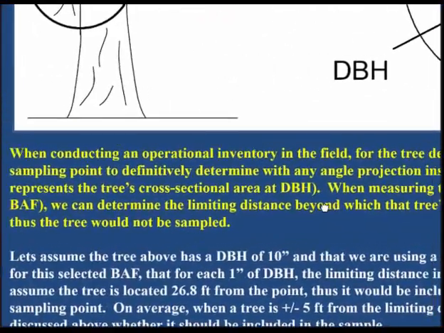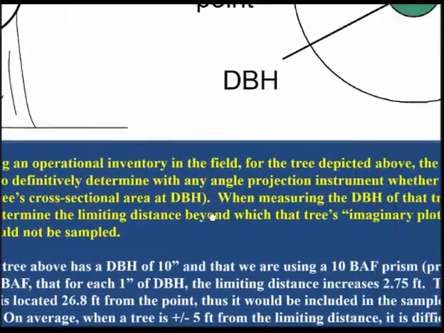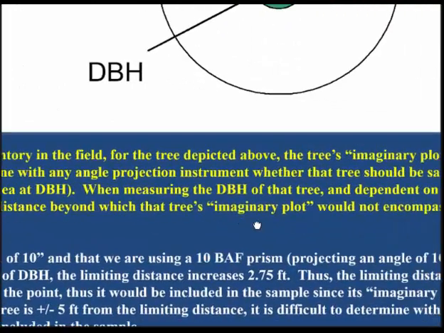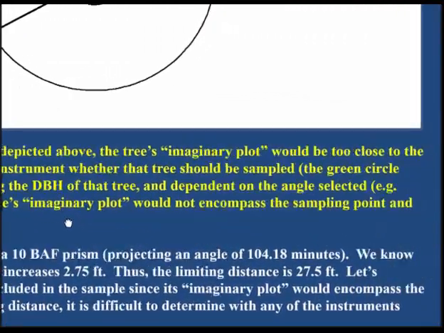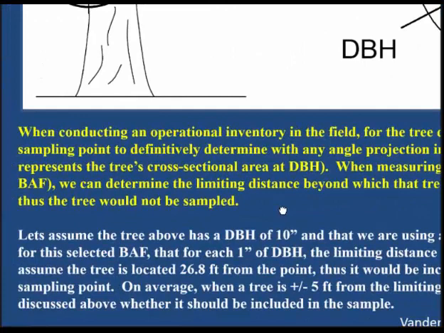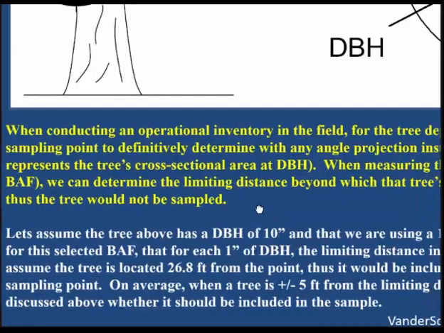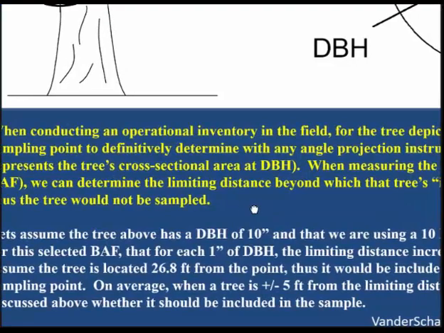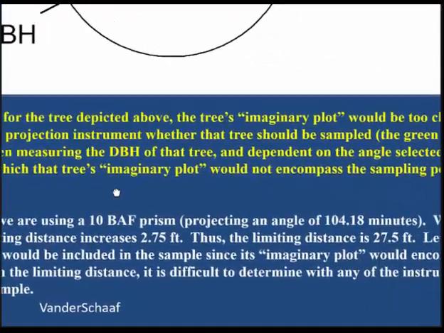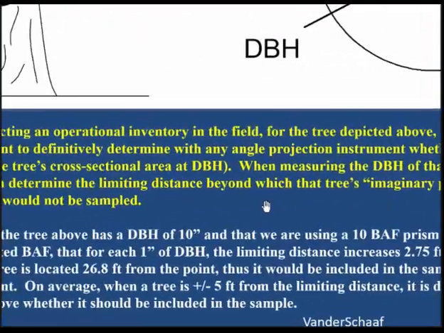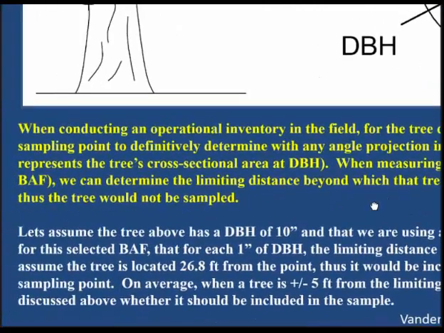So the green circle represents the tree's cross-sectional area, DBH. When measuring the DBH of that tree, and depending on the angle selected, e.g. BAF, whether it be 10 or 20 BAF, for example, we can determine the limiting distance beyond which that tree's imaginary plot would not encompass the sampling point, and thus the tree would not be sampled.